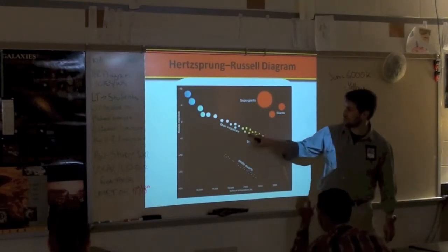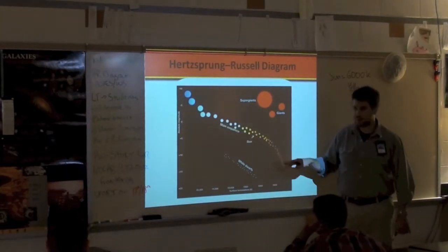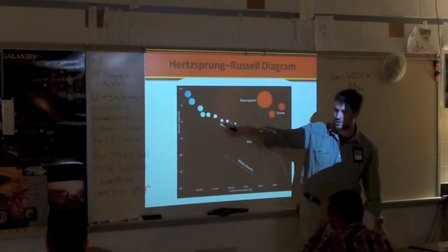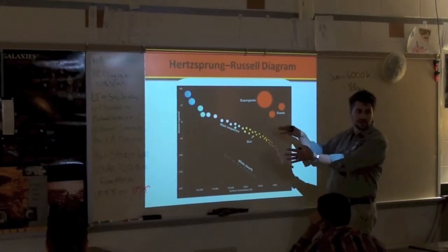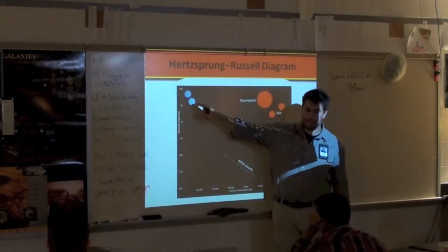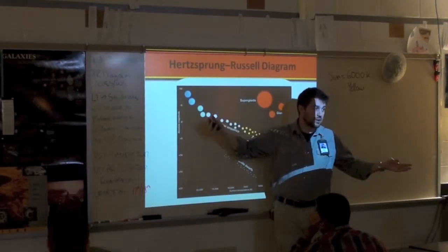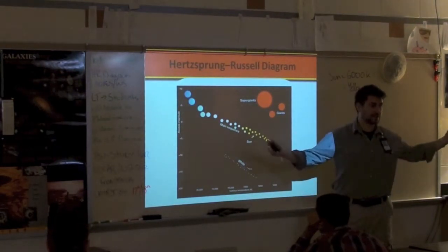So even in the main sequence, all of these stars are fusing hydrogen. They're all different stars. This star doesn't actually move this way. Our sun's not moving in this direction. This is just where our sun is. Other stars, as you get up towards these really big, massive blue stars, are just bigger, hotter, and they're brighter because they are bigger in size.